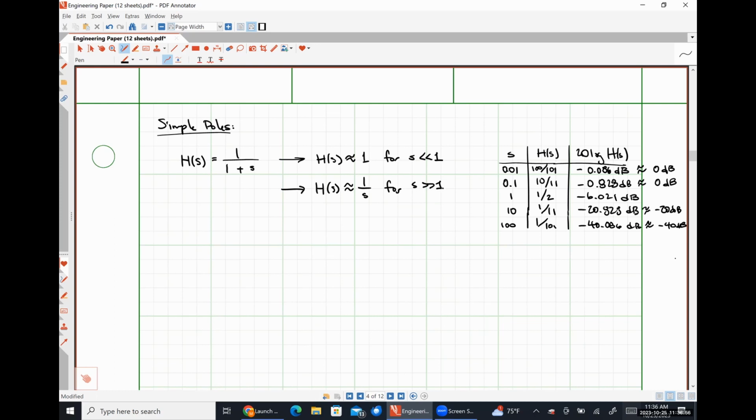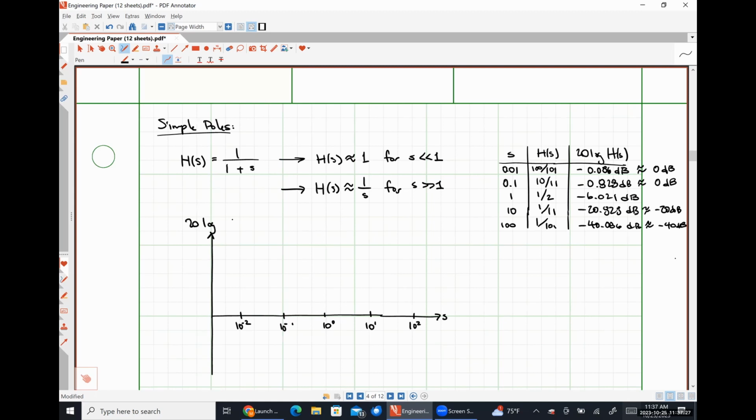So I'm going to put these two things together. Here's 10 to the 0, 10 to the minus 1, 10 to the minus 2, 10 to the positive 1, 10 to the positive 2. Here's s.